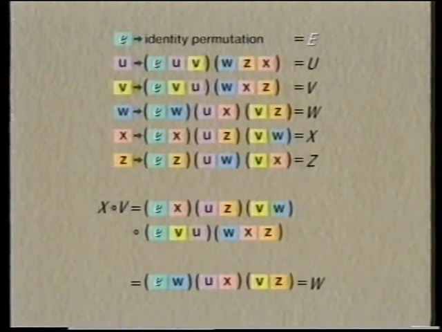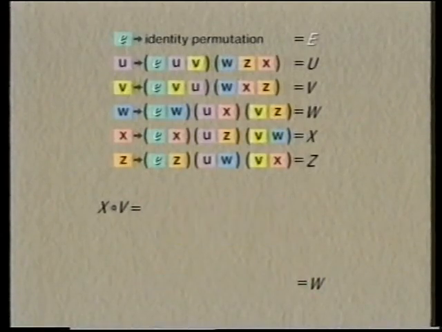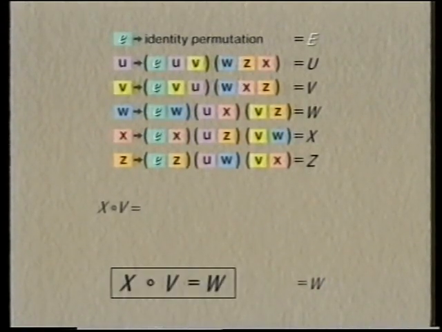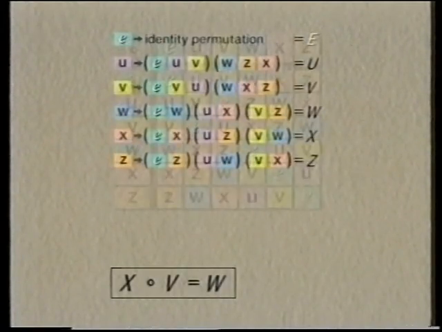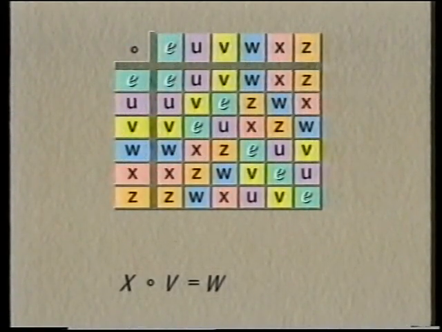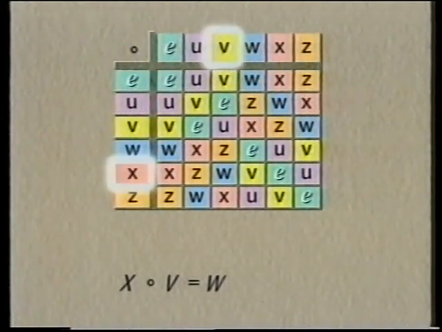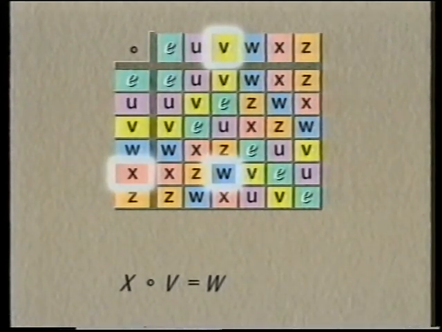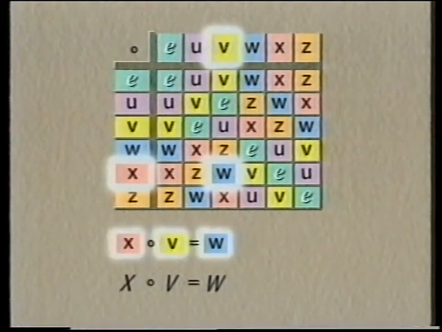And this is indeed one of the 6. But look what else has happened. If we look at the corresponding elements of our original group, we find they combine in exactly the same way as the permutations. X composed with V equals W.